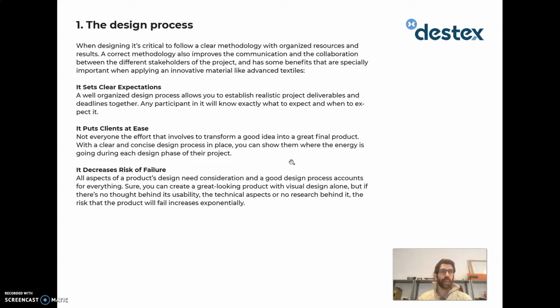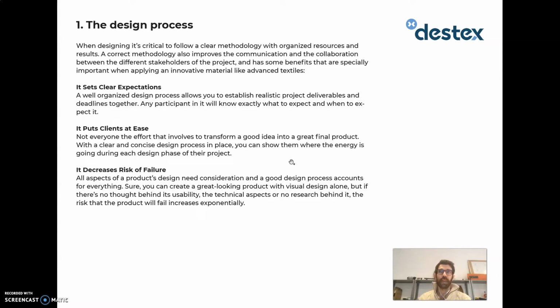Also, following this methodology is really helpful to improve the communication between the team and the different stakeholders that participate in the project. And it has important benefits, especially when participating in innovative projects like the ones that, in general, involve advanced textiles. So these are the three main benefits of following a design project like this.